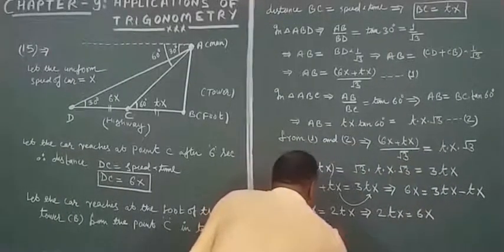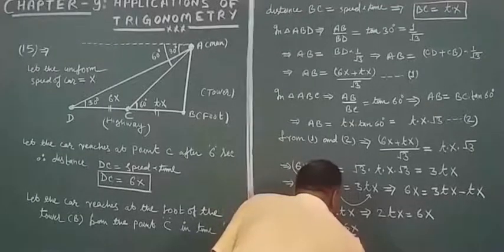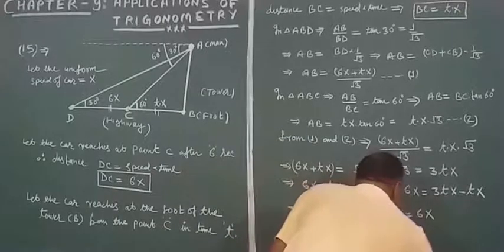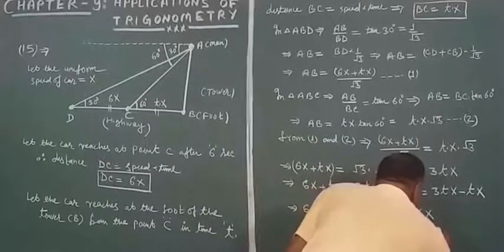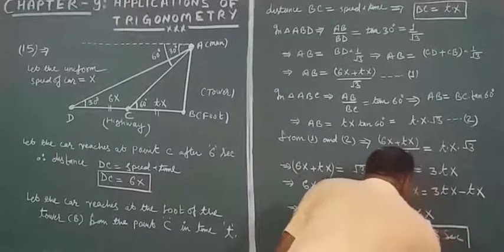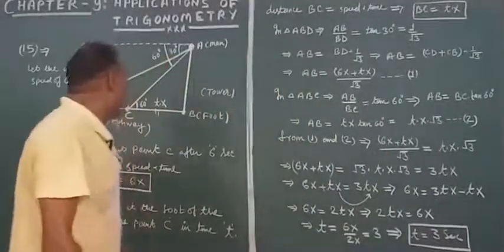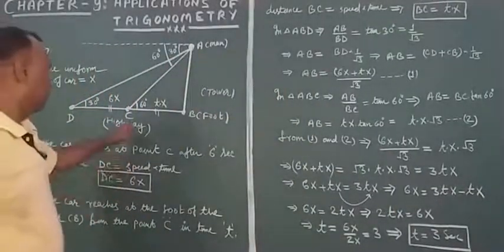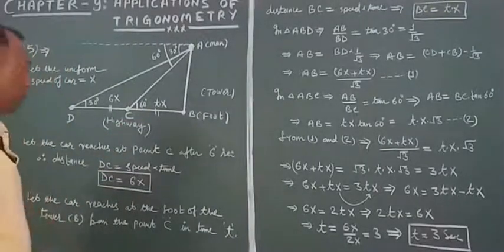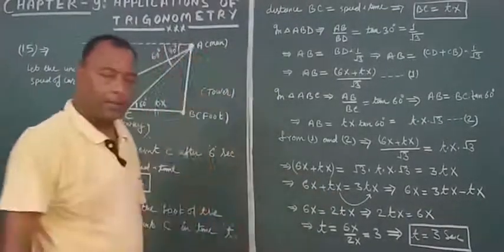The T will be 6x upon 2x, that is 3. So what is the value of T? That is 3 seconds. So after how much time the car will reach at point B from the point C? In 3 seconds.